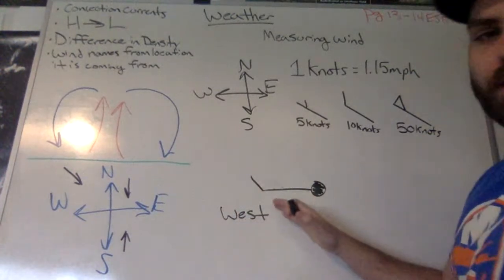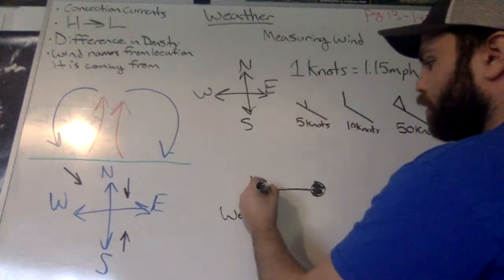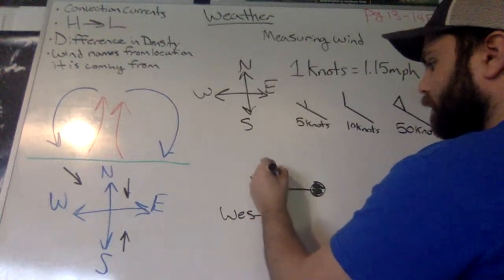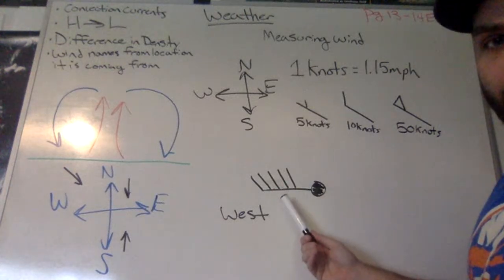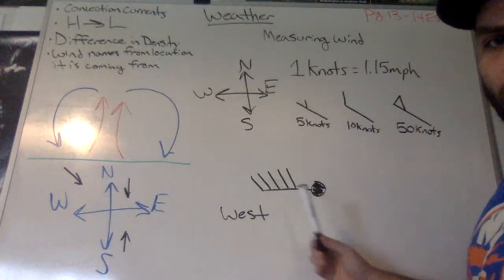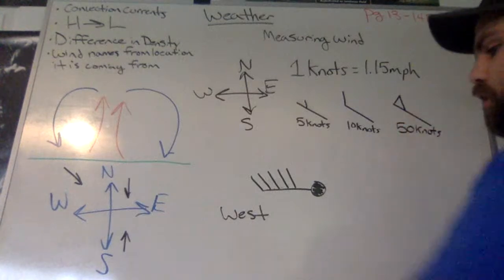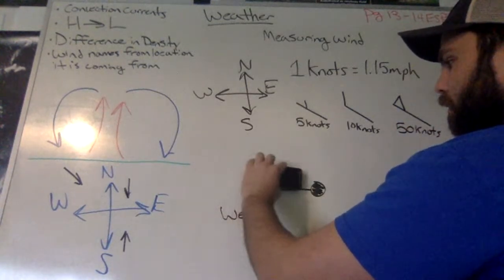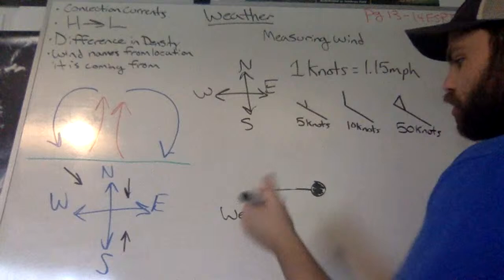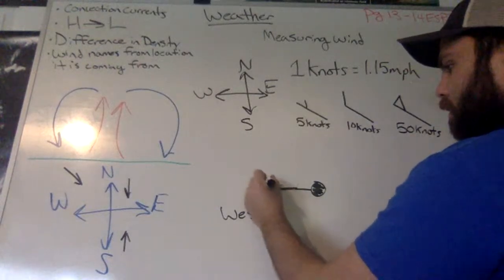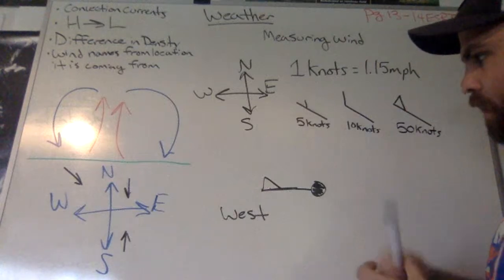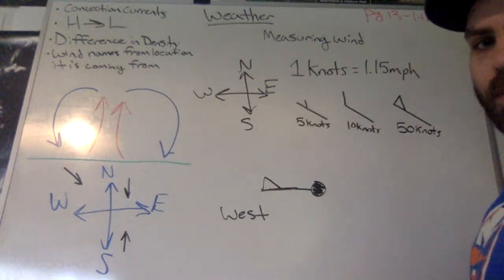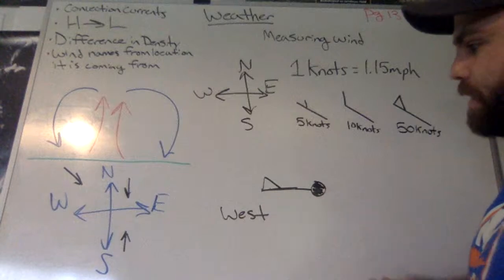Also, if I tell you it's going to be 50 knots, you're not going to write 5 of these. Yes, this does equal 50, but you want it to be short and sweet, okay? So you're going to actually put the symbol of the triangle to represent your 50 knots. You're not going to put 5 of them, because you want to condense this.